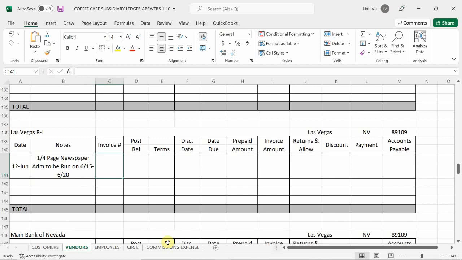Invoice. In this case, there's no invoice number. If you want to, you can use your credit card transaction number. That is completely fine. In this case, I just went to the office and told them to run my newspaper ad. Here is the payment. They did not record an invoice number for me.